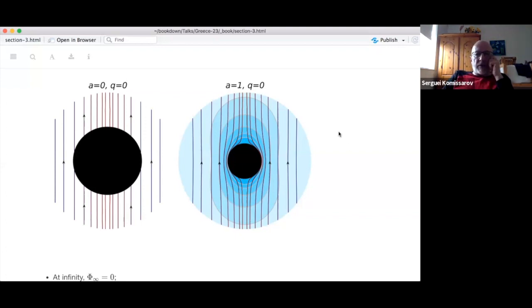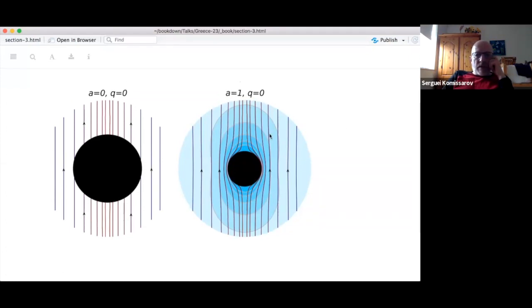So this is the Wald solution for a rotating black hole with no charge. And to make the plots more impressive, I'm using a maximally rotating black hole, so the spin parameter is 1.